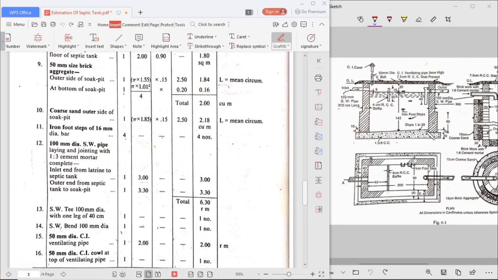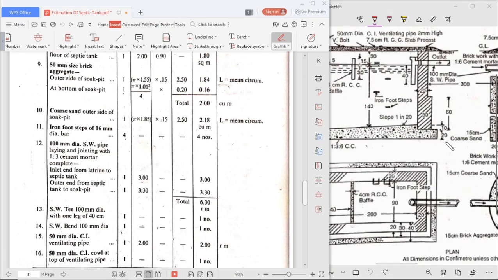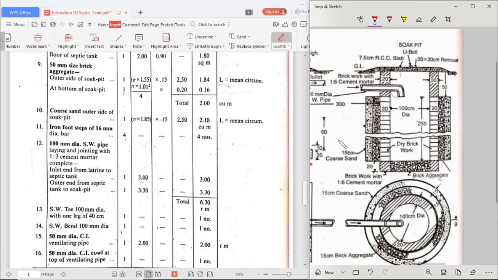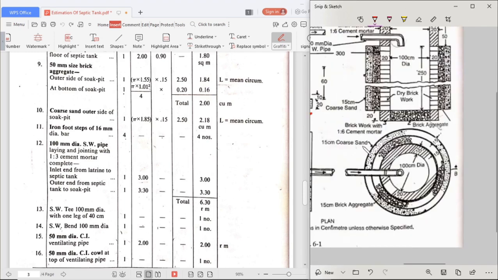Here you see, the soak pit. So brick aggregate 50 size. Now pi into the same as we did, mean circumference into breadth into height, that will give the quantity of coarse sand. So for the soak pit, we have to find this distance as diameter.